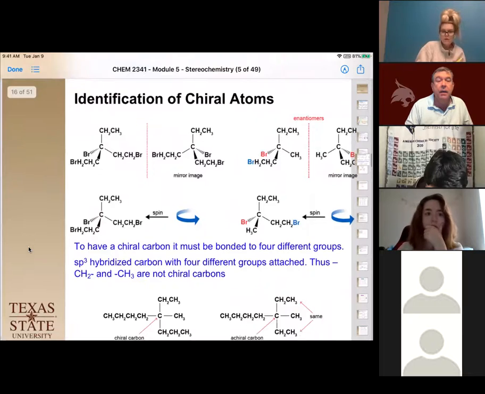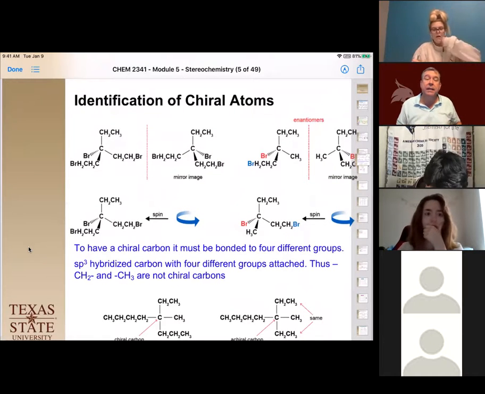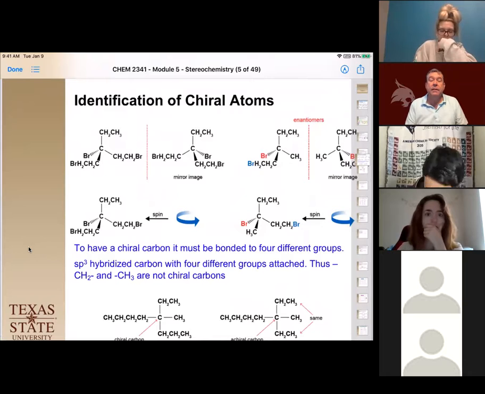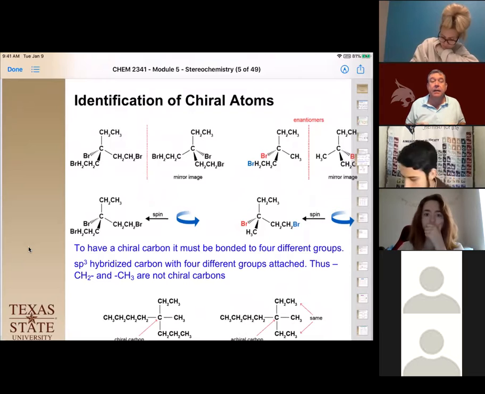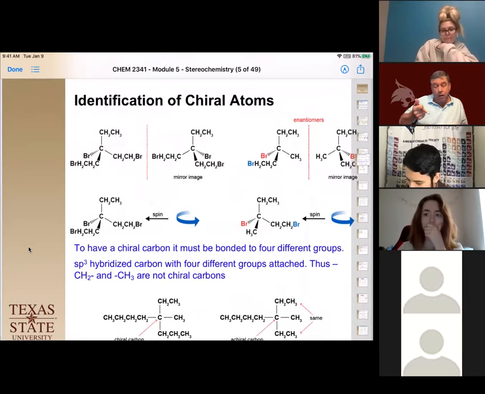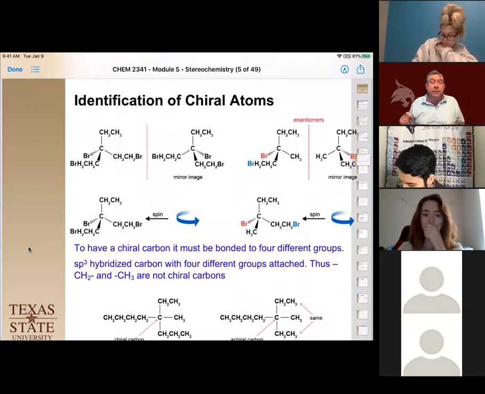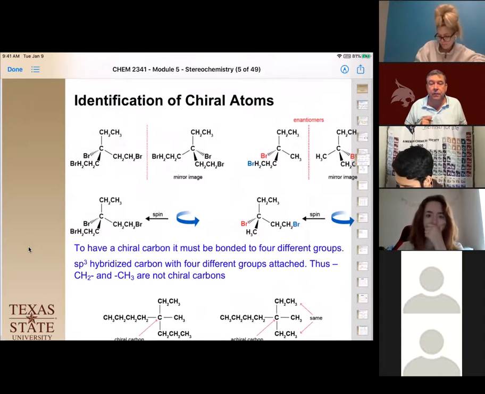Let's talk about a compound, and we're trying to see if it has a chiral center, or if it has a chiral atom. Now, the first thing we need to look for whenever we talk about chiral centers is the idea that you typically have it as a carbon, although it can be nitrogen in some cases. We look for the carbon and we count how many different groups it has on it, okay?